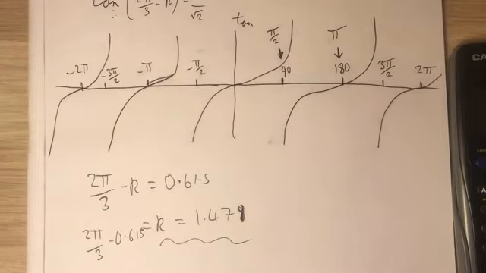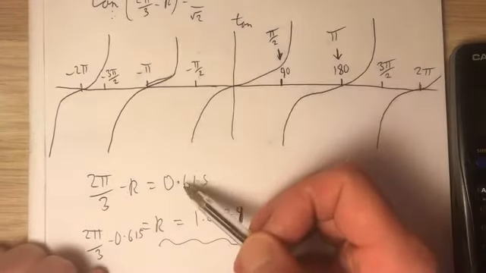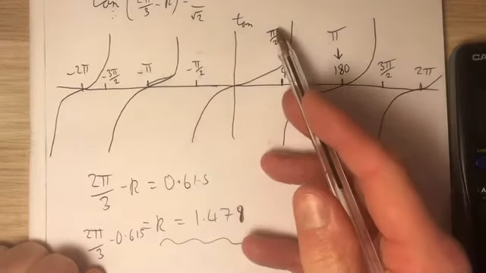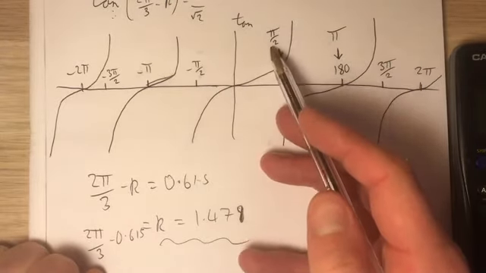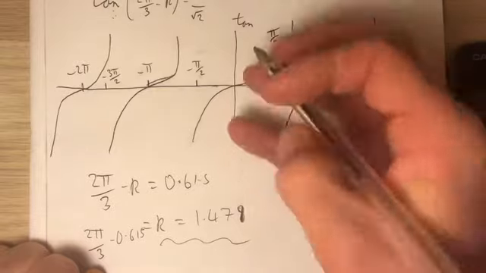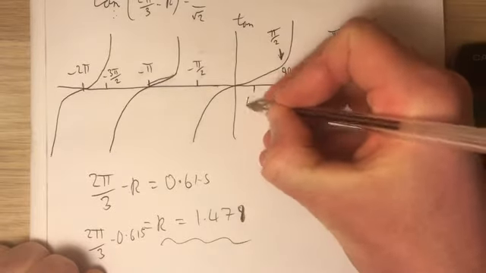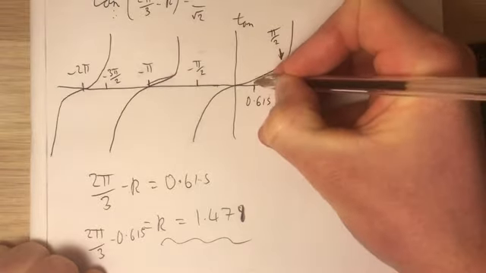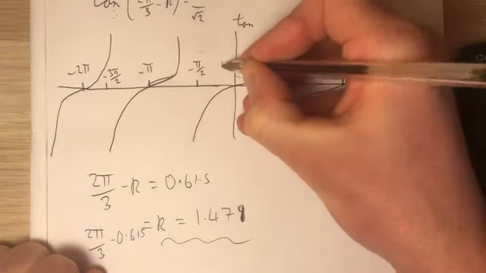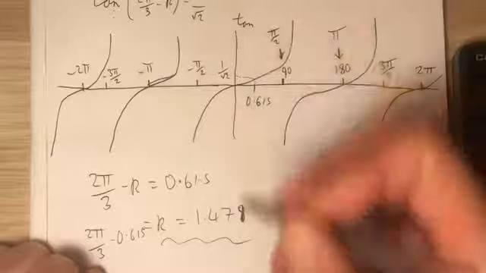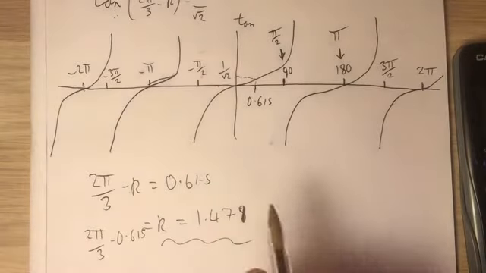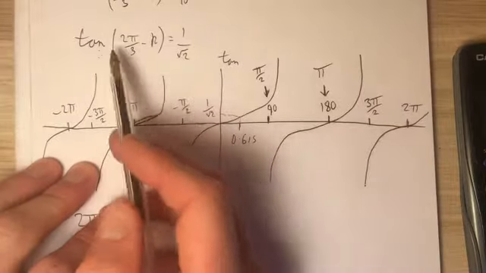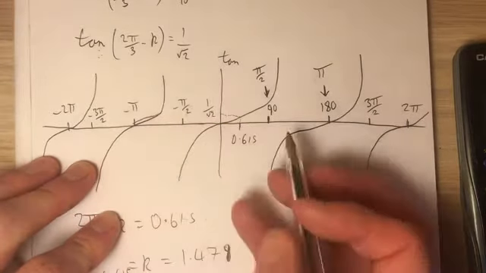Where are the others? Well, this here, 0.615, where does that live? Pi divided by 2 is going to be like 1.6. So 0.6 is going to be about here. 0.615 is there. And that height there is going to be my 1 over root 2, whatever that number is. Where else am I at this height? Where else does tan of my thing give me 1 over root 2?